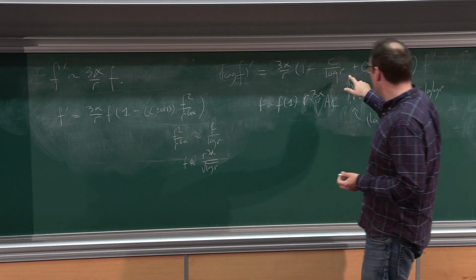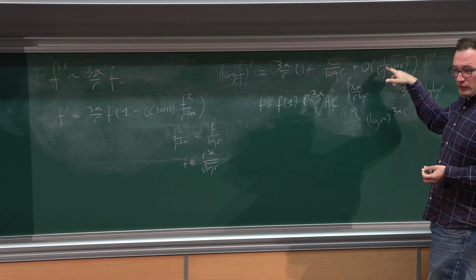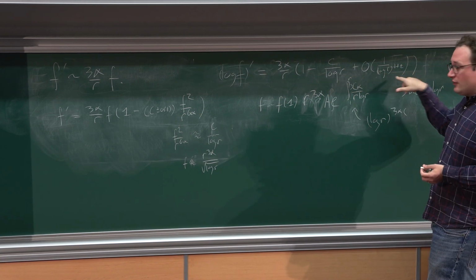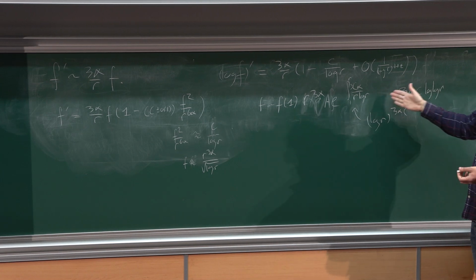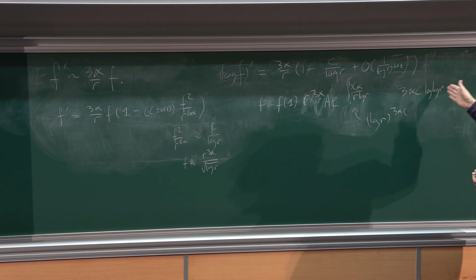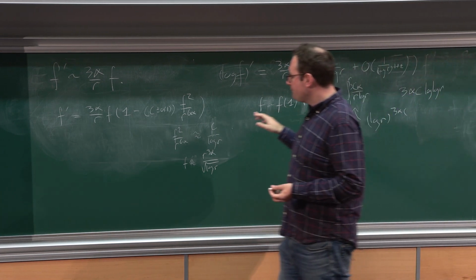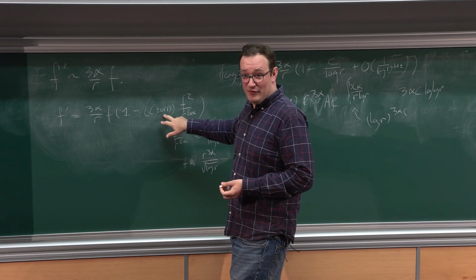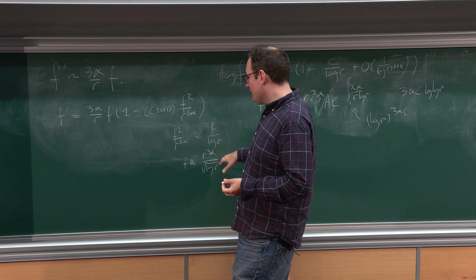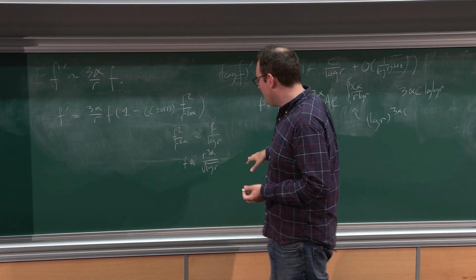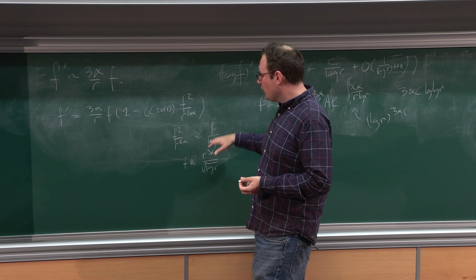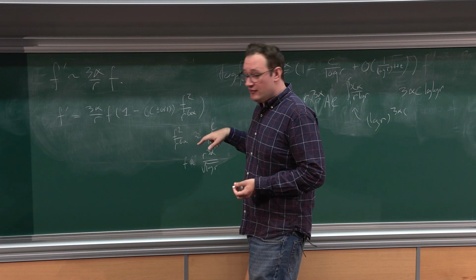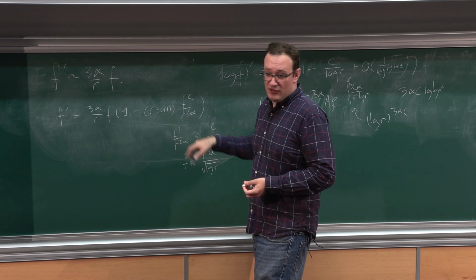In contrast to this, where it was actually important that you had a good enough estimate on this term, because otherwise you might have some sub-logarithmic but divergent corrections. In this case, it doesn't matter how fast this error is going to 0. You get an asymptotic relationship like this. In fact, you even get it with an explicit constant, which is a function of this constant and 2 and 3 alpha.